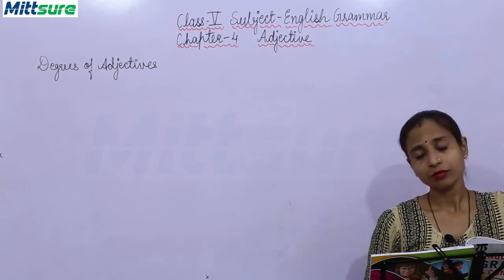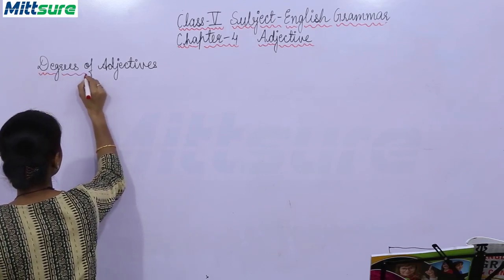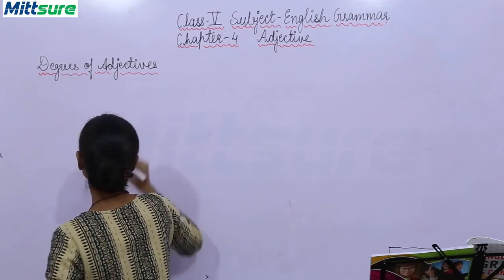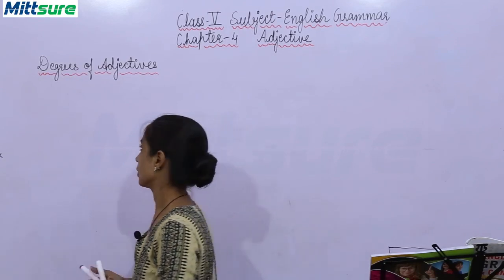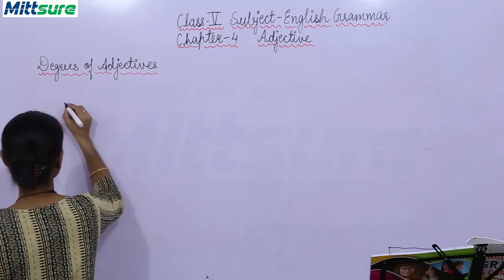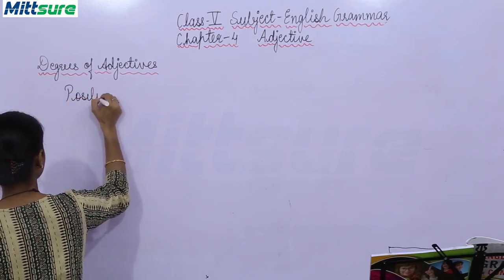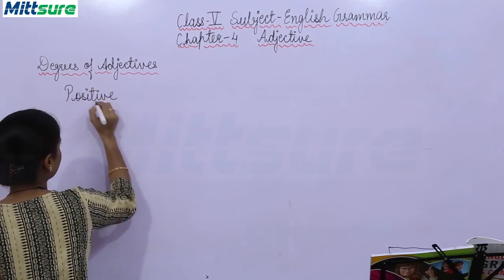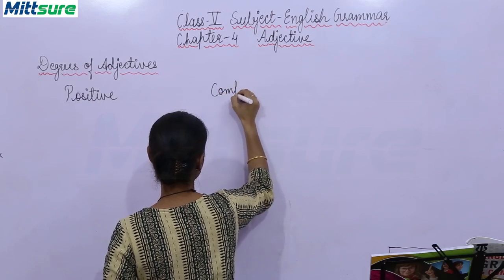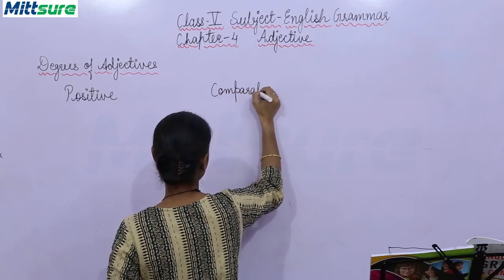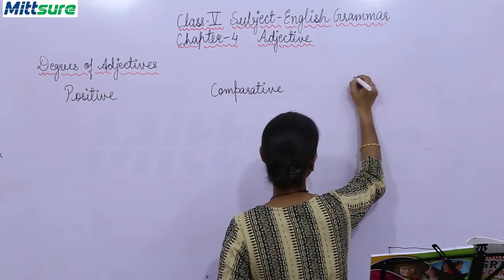So, let's start the topic. There are 3 degrees of adjective. The first one is positive degree. The second one is comparative degree. And the third one is superlative degree.